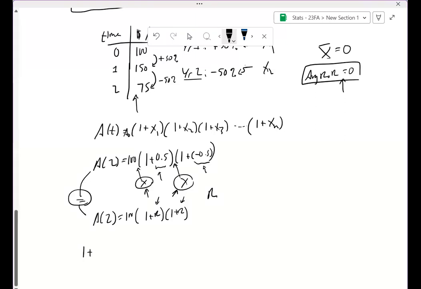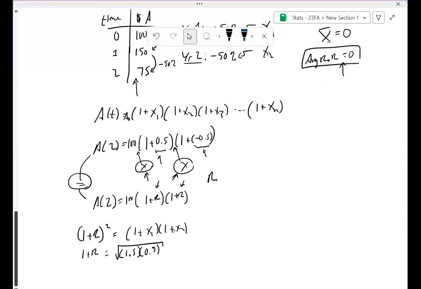So I see I have 1 plus r squared is 1 plus x1 times 1 plus x2, or I have 1 plus r is the square root of 1.5 times 0.5. And if I calculate that on the calculator, you can do this on your calculator too.